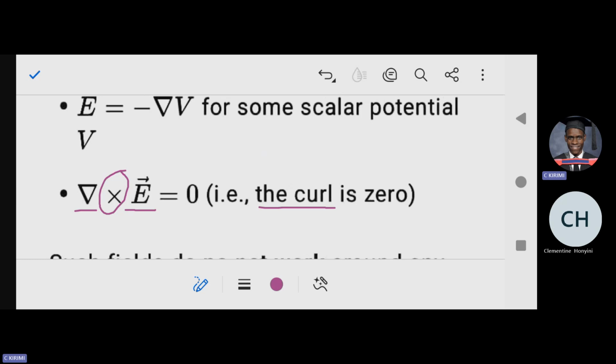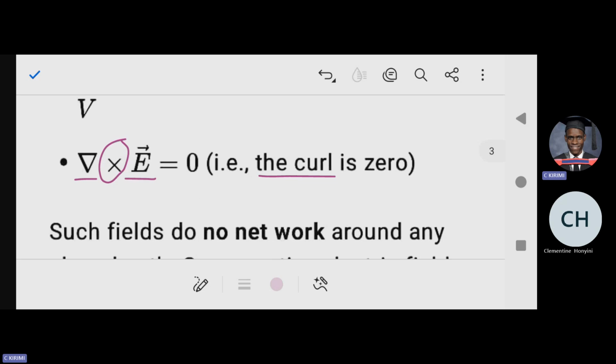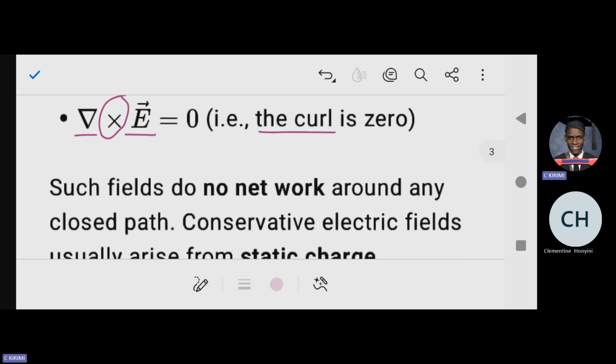That is the difference between the curl and the divergence. For curl, we are talking of the cross product equal to 0, and for the divergence, we are talking about the dot product.